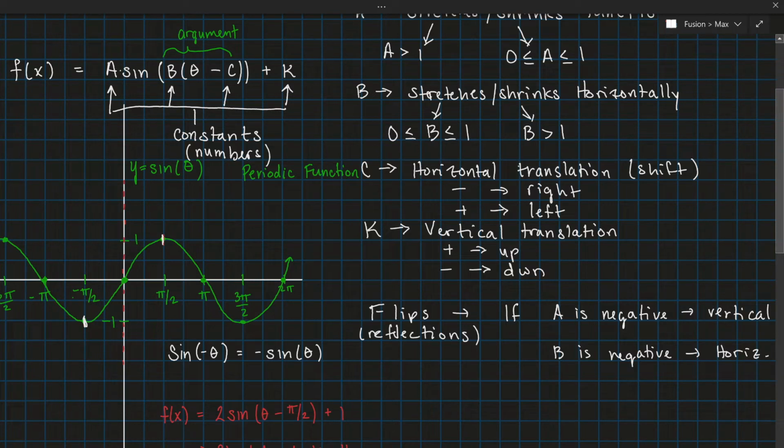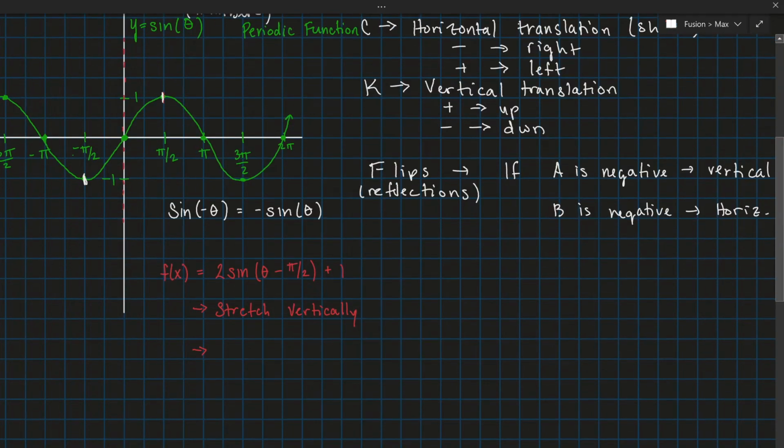Or pi over 2 in our case. Move it right. Move it right, yeah. So, K. And then K is what? Gonna move it up. Move it up. What is our K here? 1. 1, right.